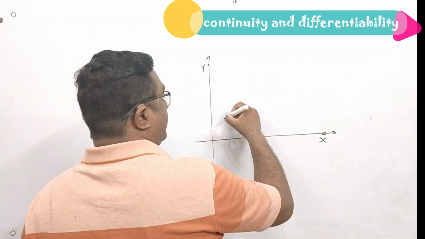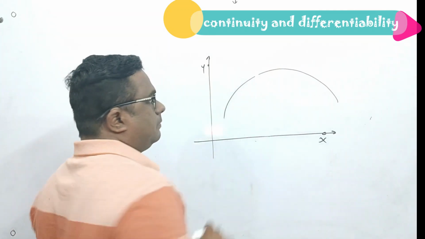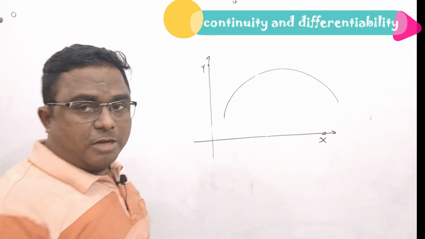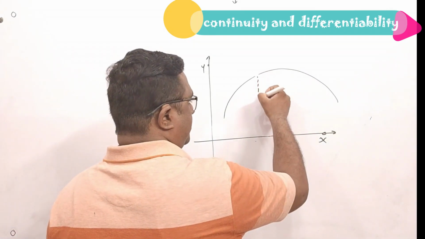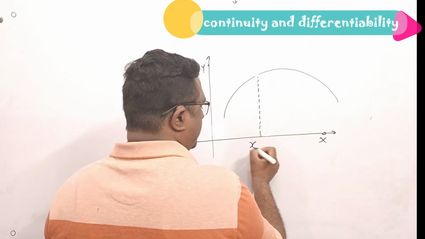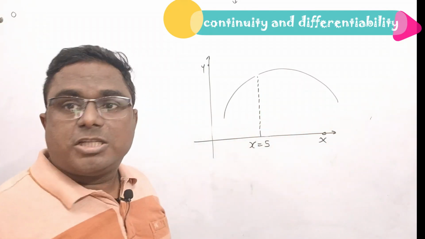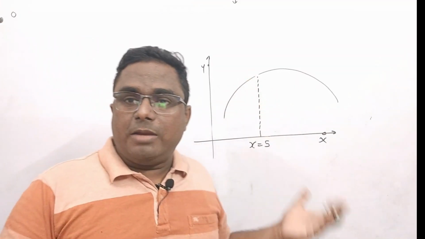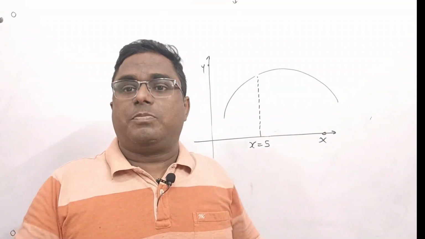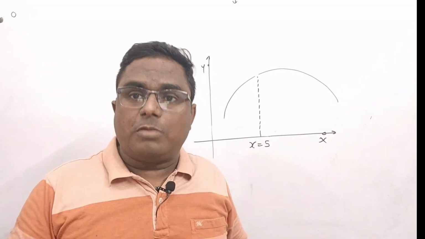Suppose I have a curve and here the graph is broken. It means the function is not continuous here. So if I say draw a tangent at x equal to 5, then as you can see, at x equal to 5 the curve itself is not present.